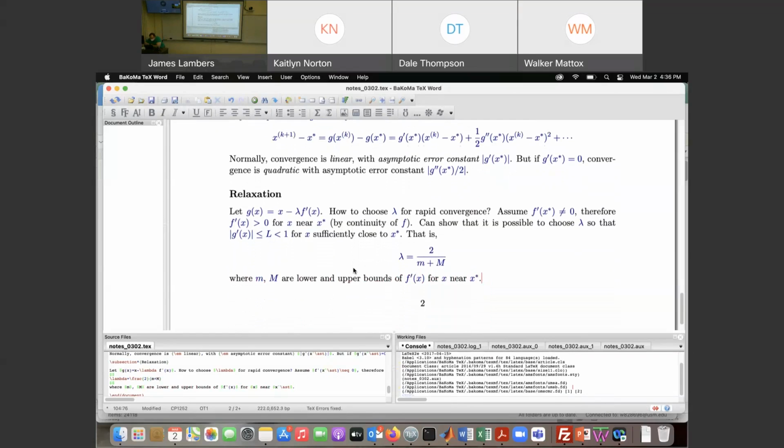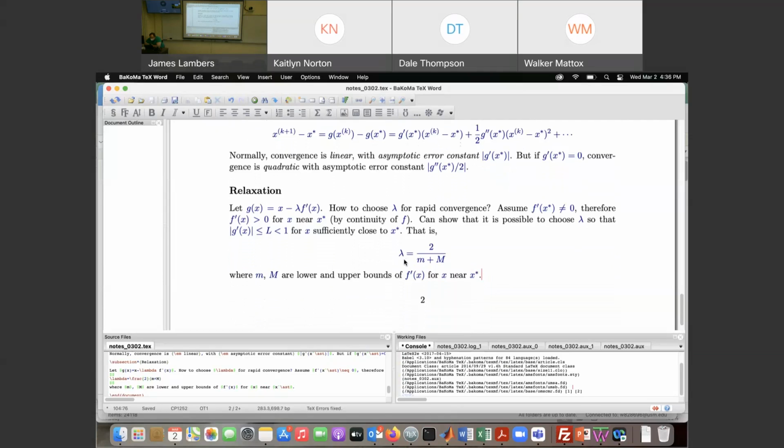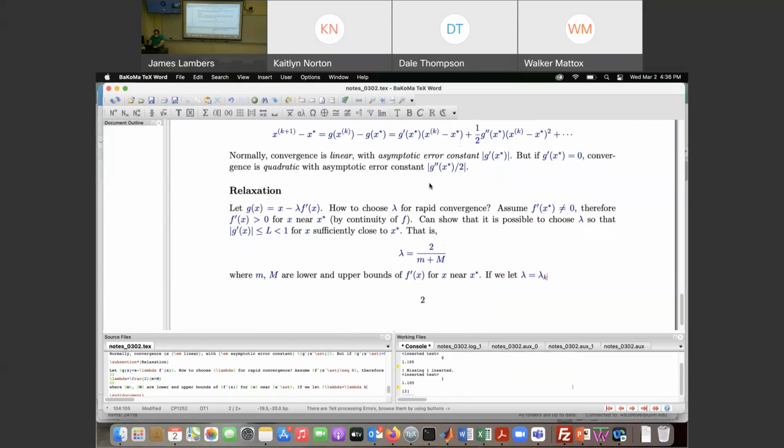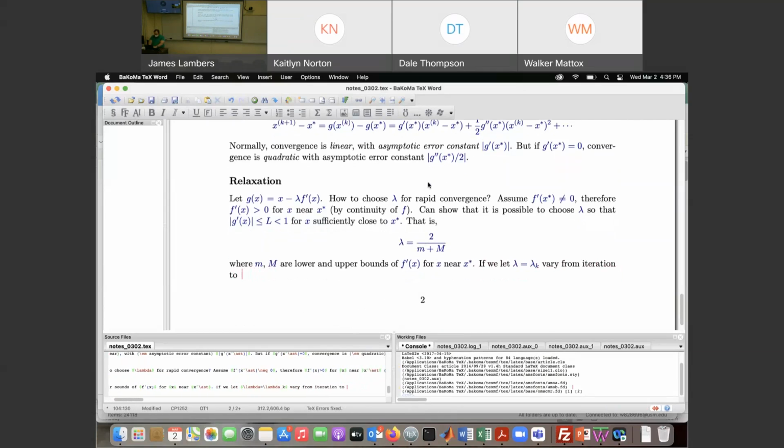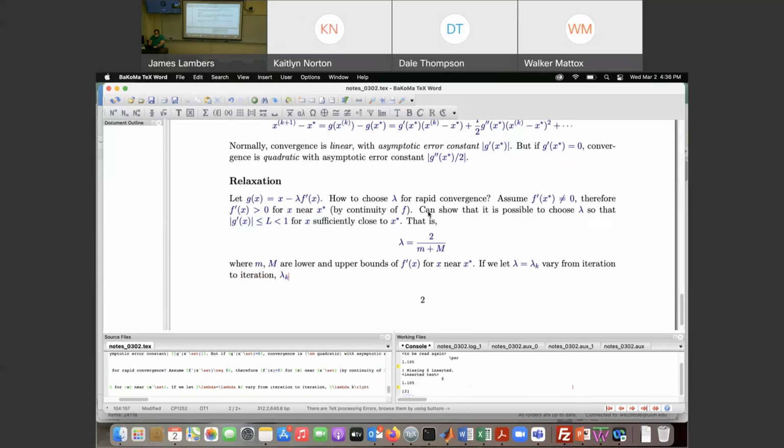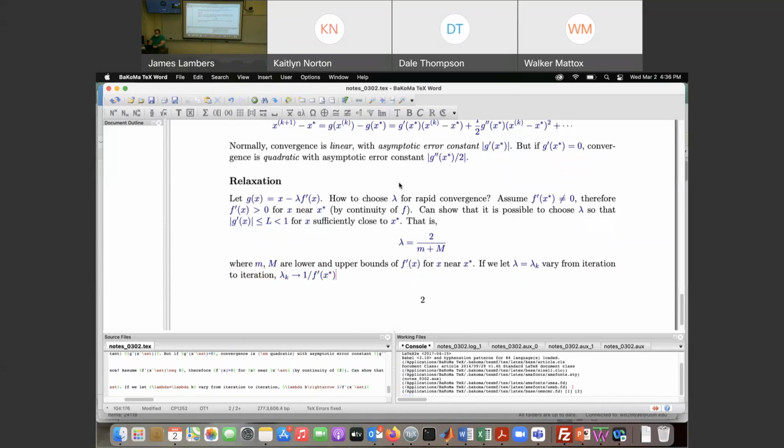All right. And as the iteration is converging, you choose a small enough interval so that effectively it's converging to 1 over f prime at the root. So if you let lambda k vary with iteration, lambda k converges to 1 over f prime at the root.